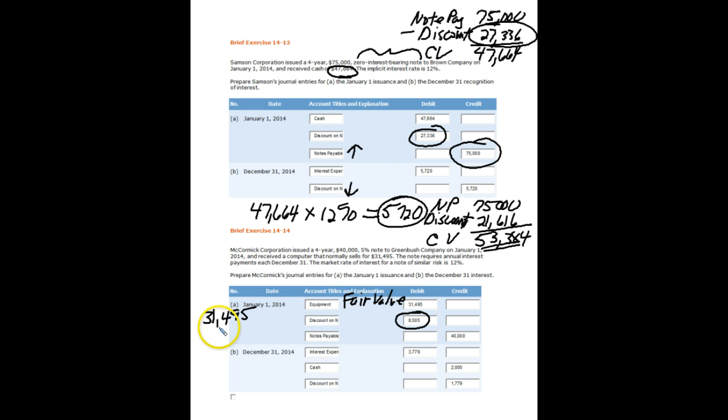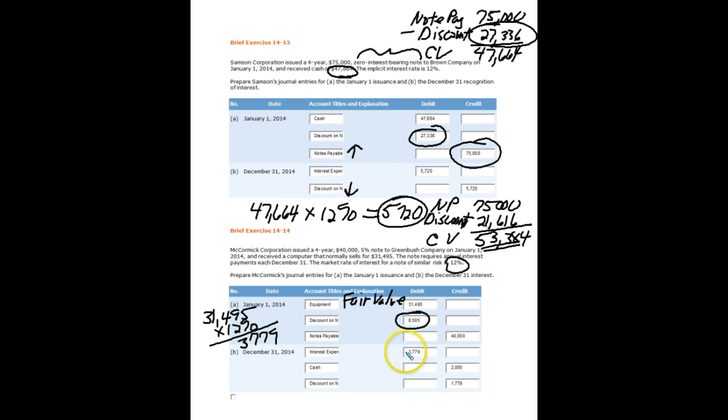And so at the end of the first year, again, we have an applied rate of 12%. So we can calculate our interest expense. So we net these two accounts together for a carrying value, times 12%. That will give us interest expense of $3,779.